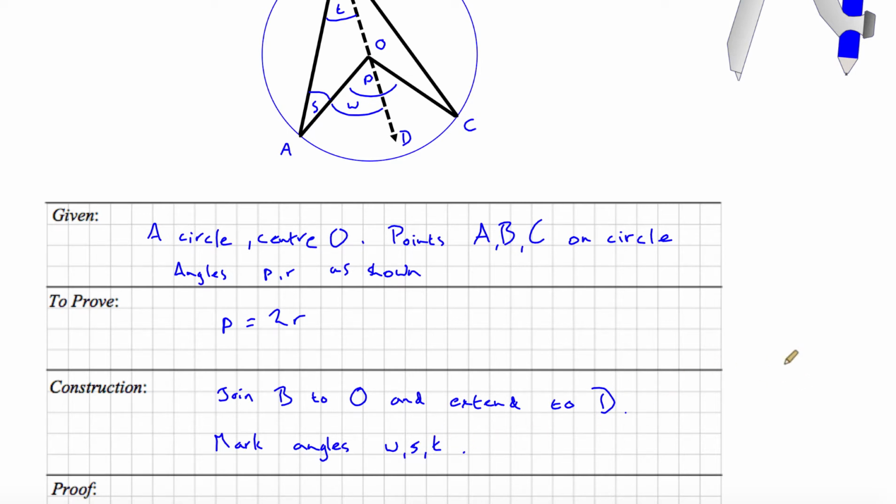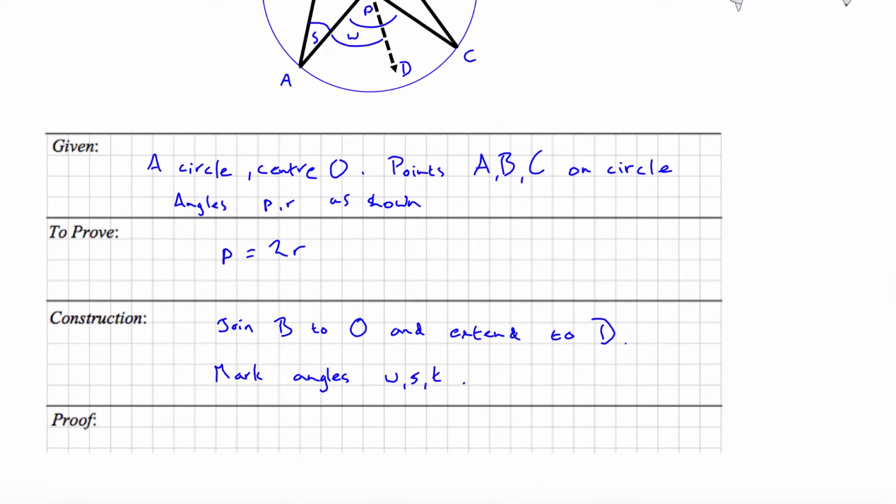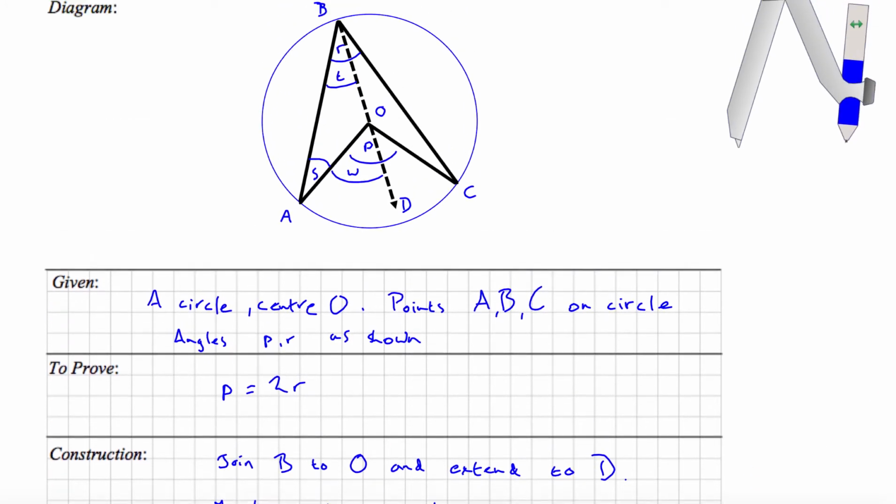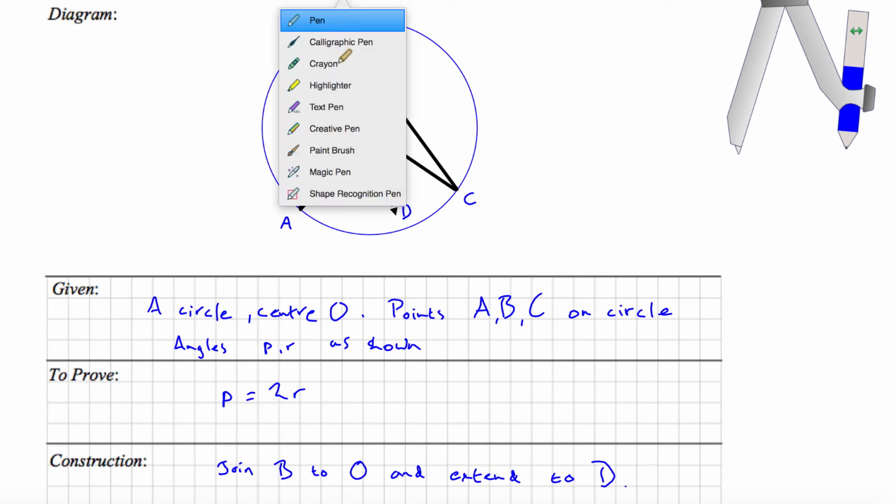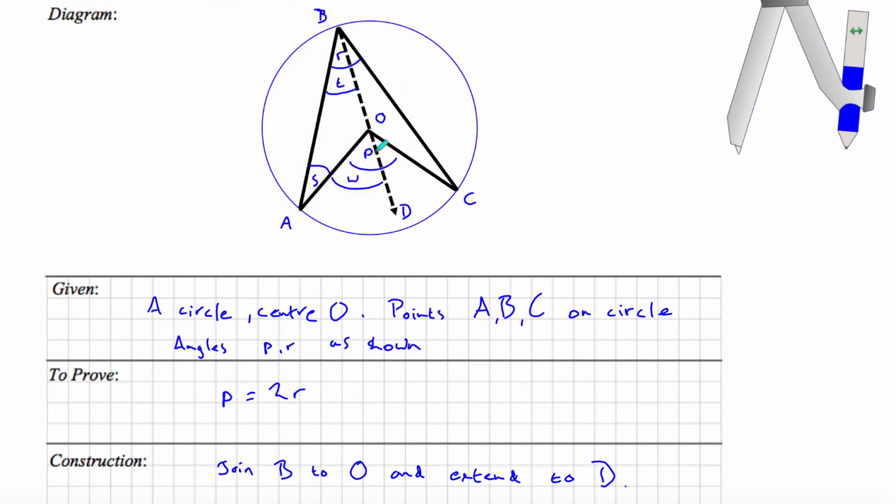Okay, so now we're down to the proof. So for the proof, what we're trying to do, I'm just going to show you this by color. We're trying to show that the angle P is equal to twice the angle R. So we're going to do that first. We're going to, left of this broken line, try and prove that the angle W is equal to twice the angle T. So the yellow is equal to double the green.